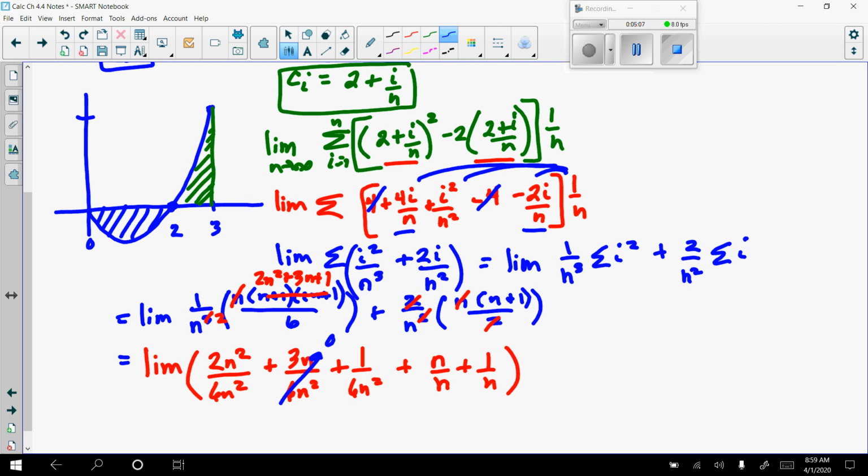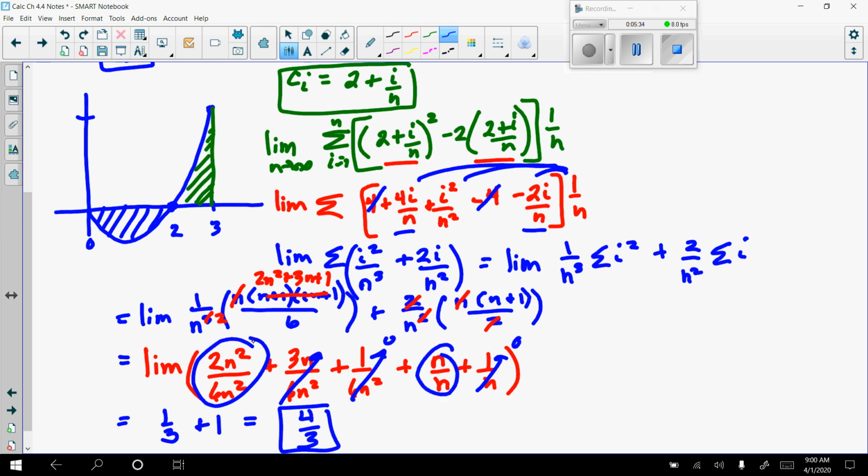This goes to 0, this goes to 0, this goes to 0, and this goes, nope, hold on. This goes to 0, this goes to 0, and this becomes 1/3 plus 1, or 4/3 from that and that. So the area of the green region is 4/3.